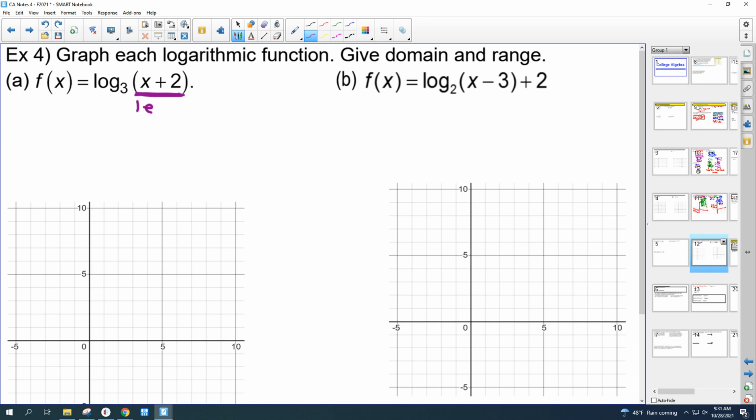And I want you to recognize that this is a shift left 2. So I can think about this as log base 3 of x shifted to the left 2. So ignore the shifting completely. We'll move everything to the left by 2 at the end.